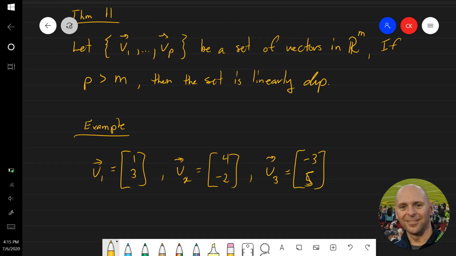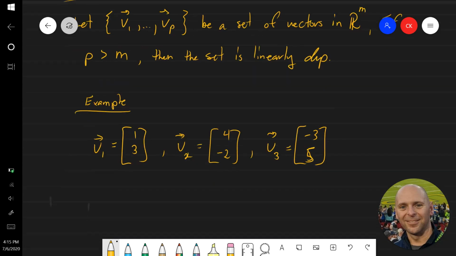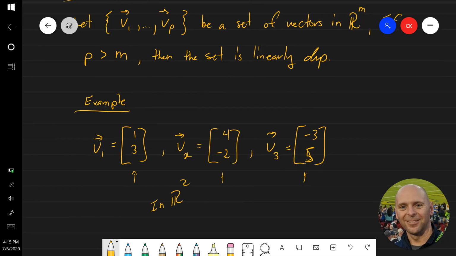So I've got 3 vectors here. The size of this space is actually in R2. These are 2-dimensional vectors. Each one of these has 2 components to it. So we're in R2. So I have more vectors than the size of the space. I have 3 vectors in R2. So automatically it's going to be linearly dependent.